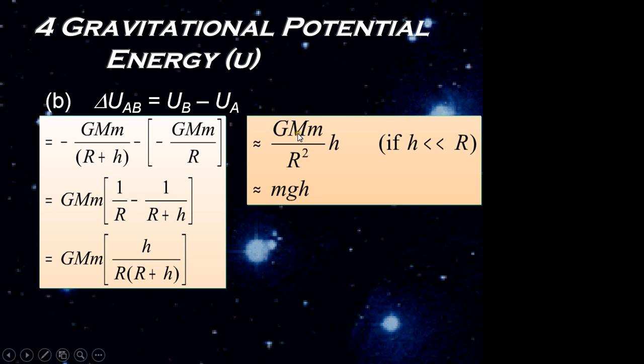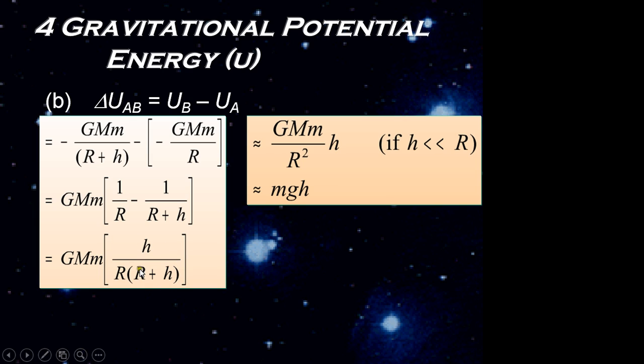But you realize that if h is much smaller than R, in R plus h you can ignore the h completely, to become GMm times h over R times R. Let this be ignored. So this is an approximation. But you realize that GM over R squared is just g on the surface of Earth. Then you get mgh.